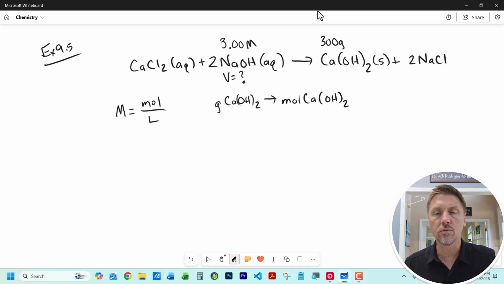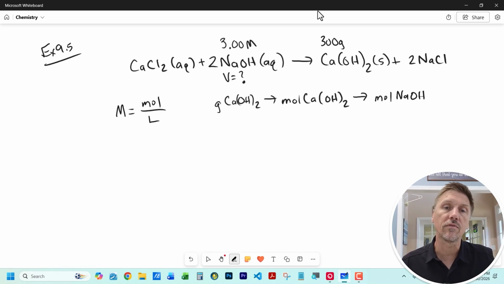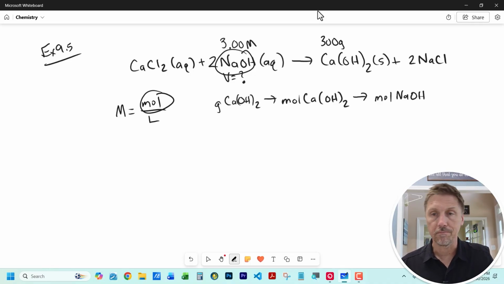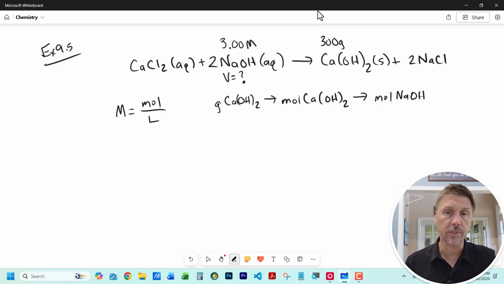And then once we get the moles of that, we can go to moles of substance B. In this case, substance B is our NaOH, right? Moles of substance B, NaOH. And we could, of course, find the grams of NaOH, but we don't need it for this, right? What we're looking for is the moles of NaOH, so we can plug it in this formula here and calculate the volume. So that's the first calculation we need to do.